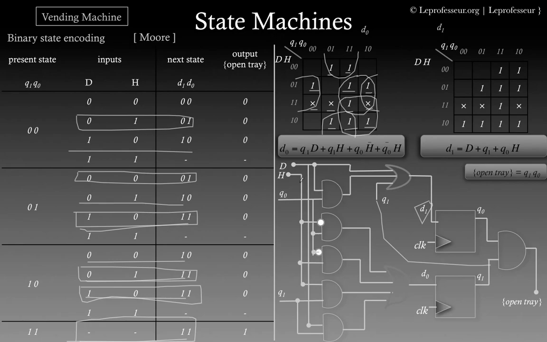Sorry, this is not right, this is Q0 and H. Okay, so that's the right one. That connection is not right, so let's delete it.